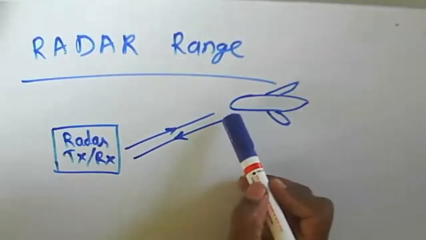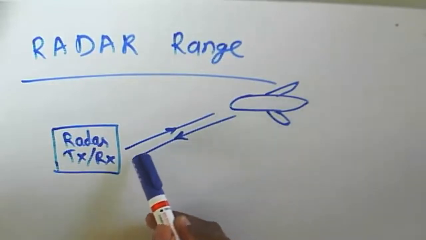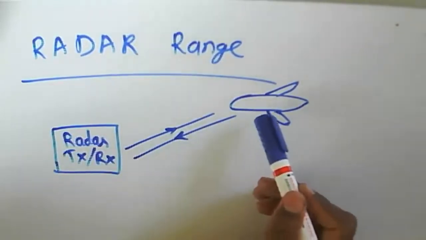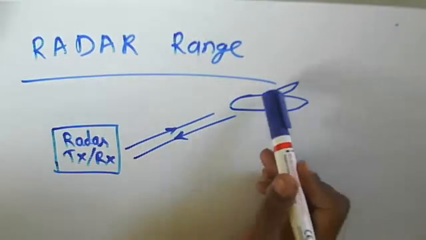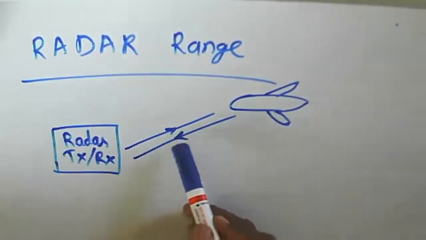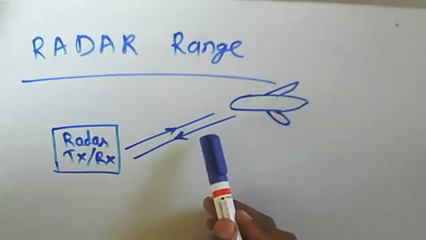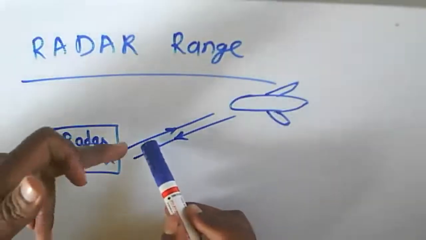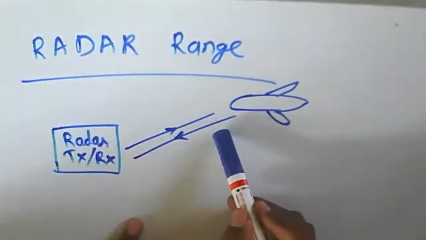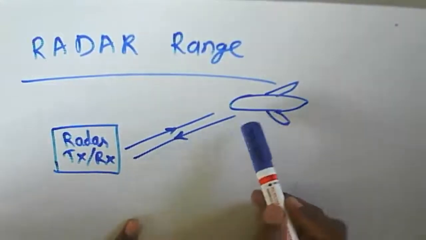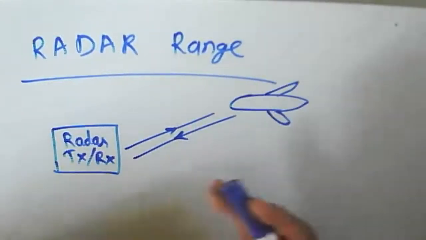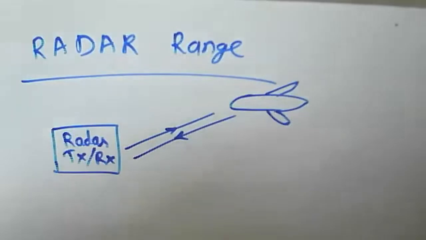Then the pulse will be reflected by the object, meaning retardation of the signal is expressed: signal radiation and signal re-radiation by this particular object.